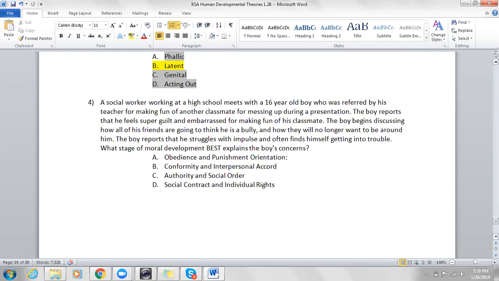What stage of moral development best explains the boy's concerns? A, obedience and punishment orientation. B, conformity and interpersonal accord. C, authority and social order. D, social contract and individual rights. When you have your answer, type one positive thing about another person in the chat.